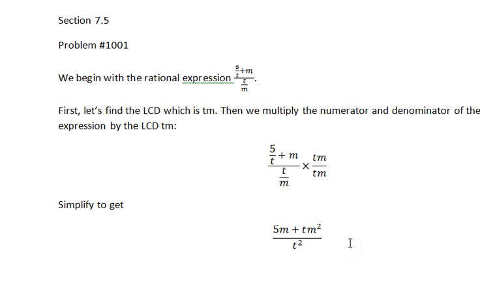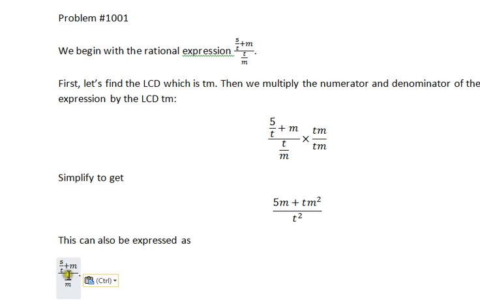There is one other way that I could express the answer if I wanted, and that is I could factor an m out. Now we'll just paste in again and delete the period and go into our equation editor.